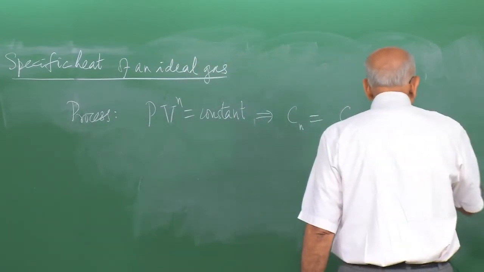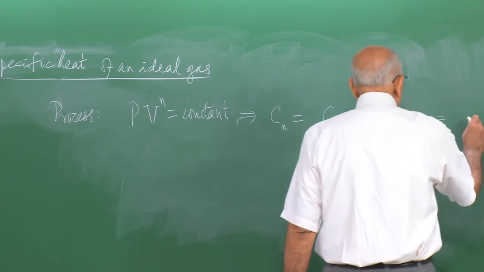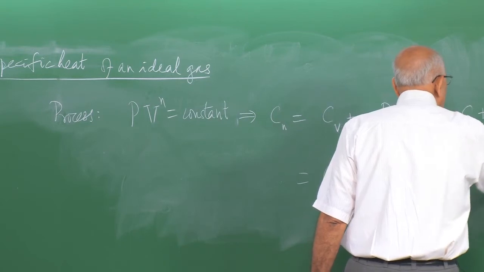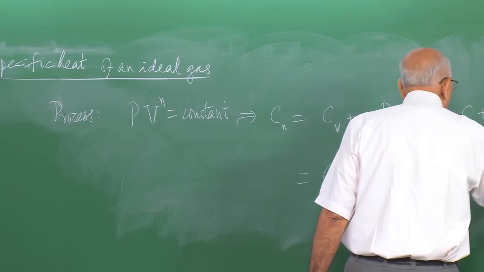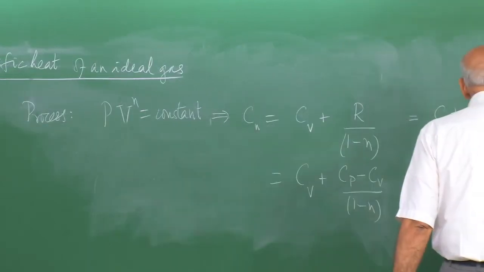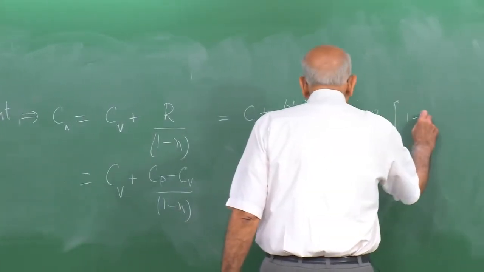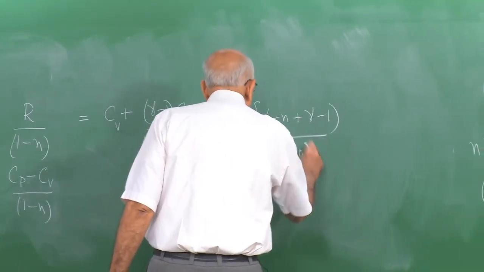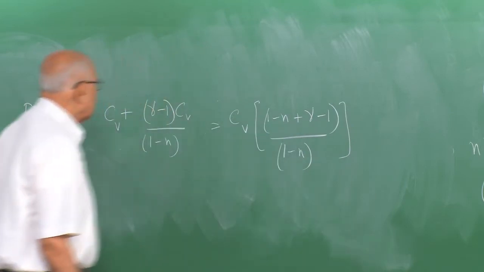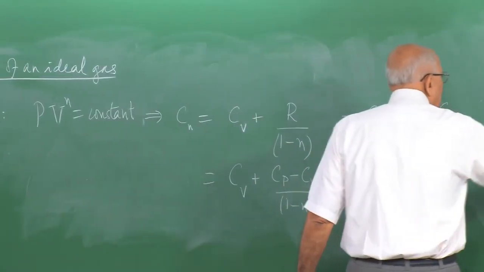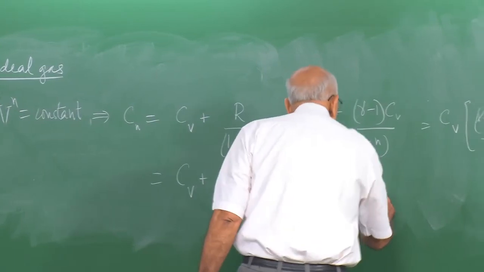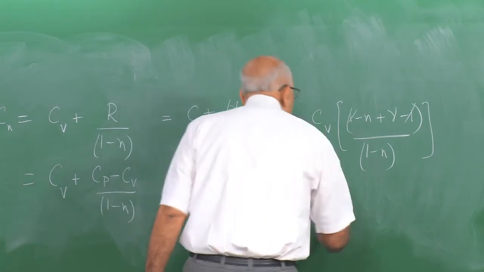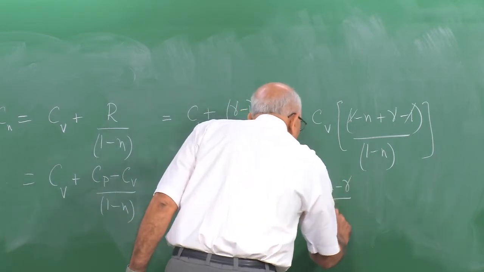So this is equal to Cv plus gamma minus 1 Cv divided by 1 minus n, which is equal to Cv times 1 minus n plus gamma minus 1 divided by 1 minus n here, and the 1 cancels out, and therefore I have my final answer which says Cn equal to Cv times, let us write this as n minus gamma over n minus 1.